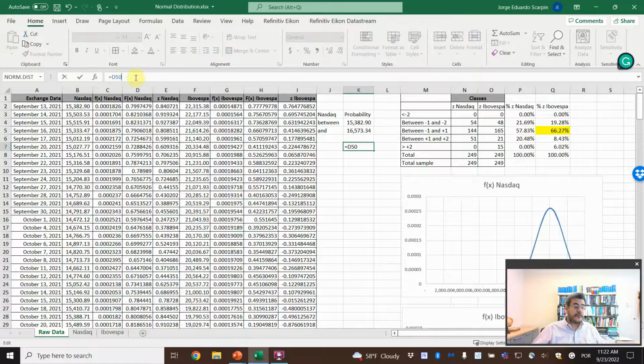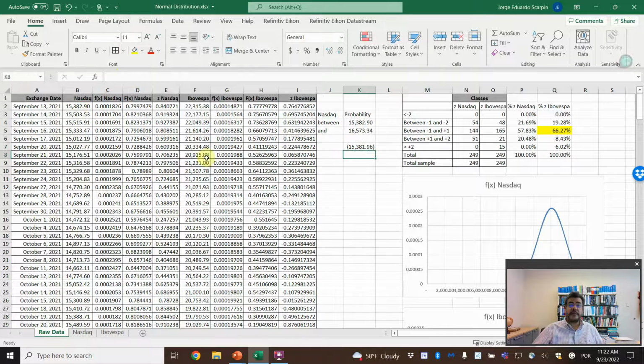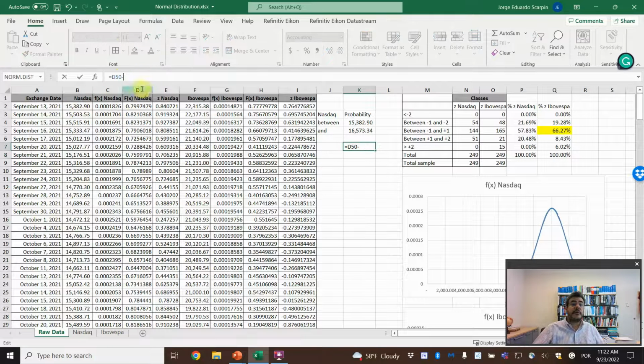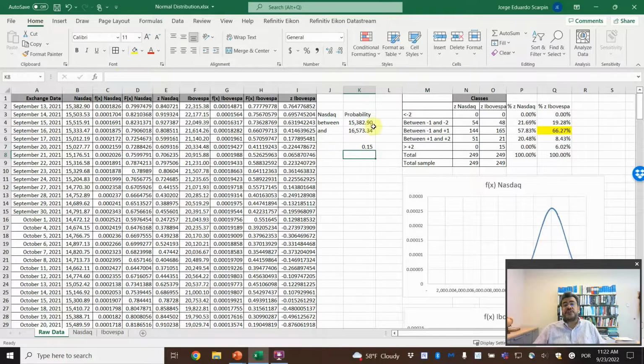the highest minus the lowest, right? So here, oh, come on, minus D2. So it is 15% of chance of NASDAQ between these two numbers. Or we can combine both F function here as well. So this is what we have.